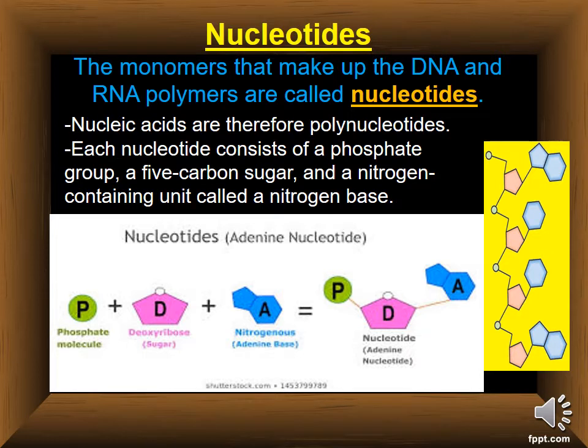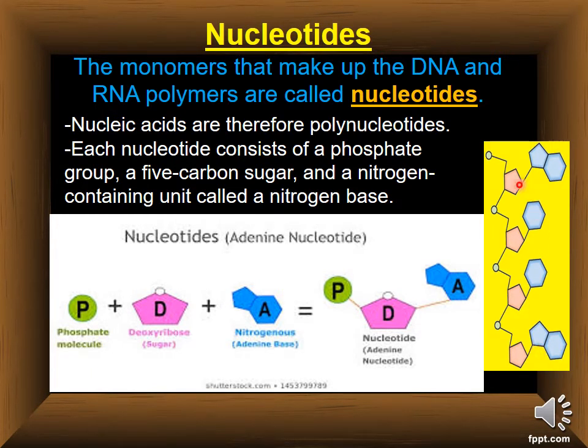Let's start now with the nucleotide. What are nucleotides? The monomers that make up DNA and RNA polymers are called nucleotides. Monomer means a single molecule. This is one monomer, another monomer, another monomer. All monomers combine together and make the polymer, and this polymer could be DNA or RNA.